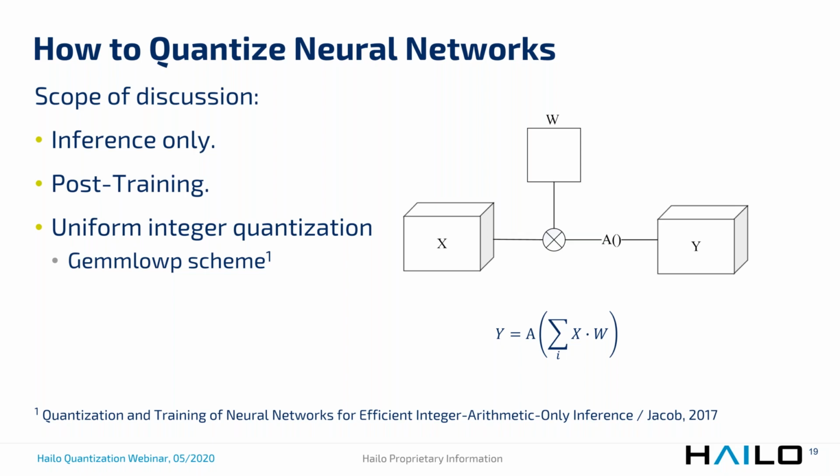However, before that, we're going to scope our discussion, since quantization is a very large topic with lots of different techniques. We're going to focus, on the one hand, on the most simple setting, and on the other hand, on the setting that is most relevant and is being used by most hardware. So we're going to talk about inference only.